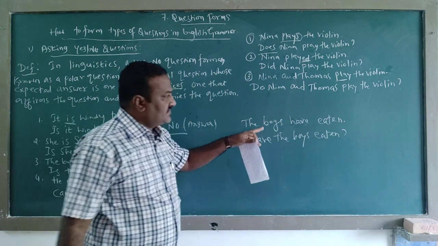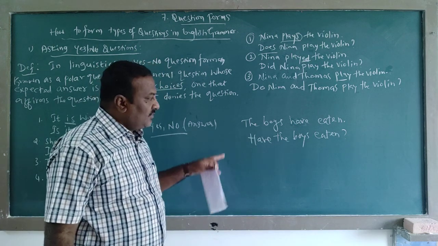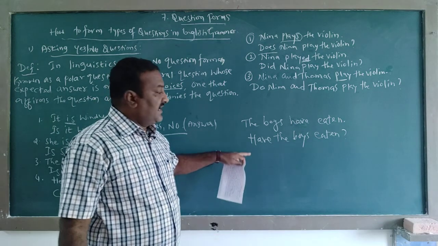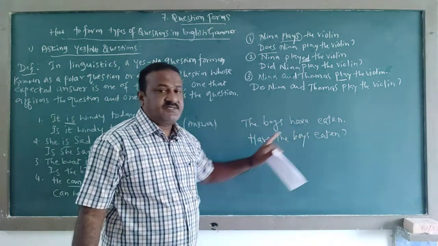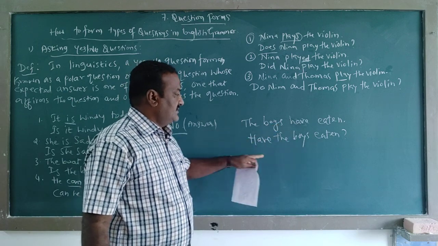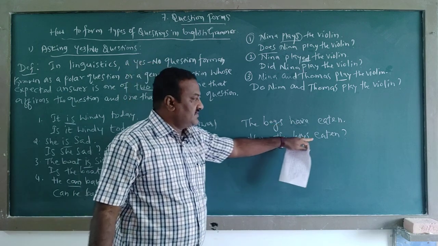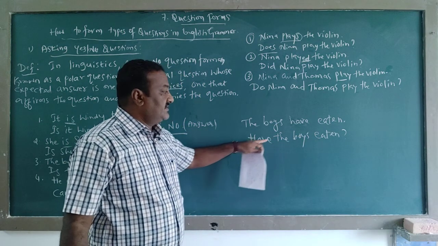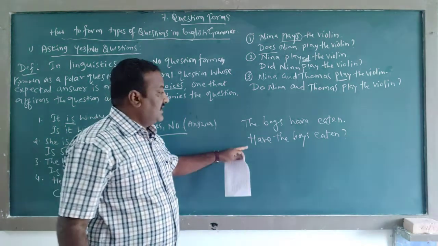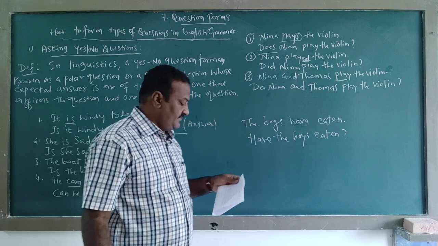See, the boys have eaten. Have the boys eaten? Negative: haven't the boys eaten? Haven't, N-O-T, N-apostrophe-T. Haven't the boys eaten?